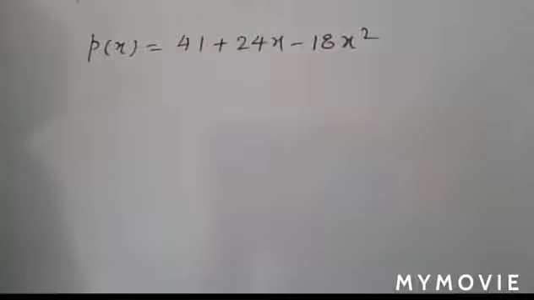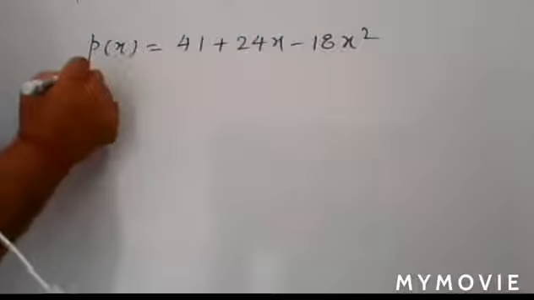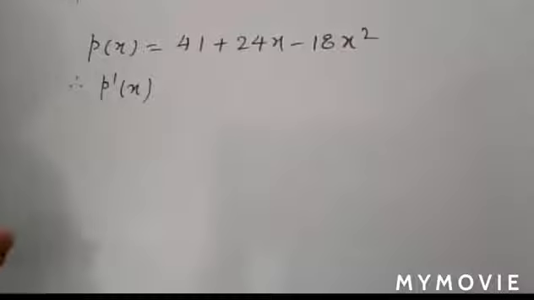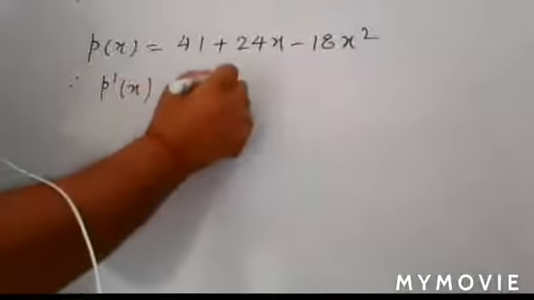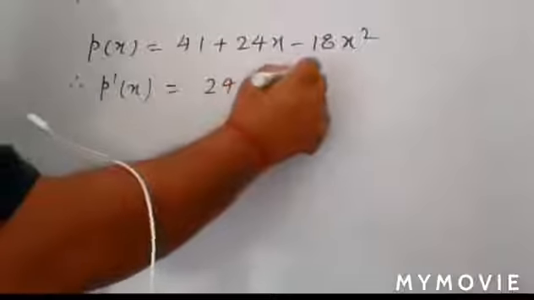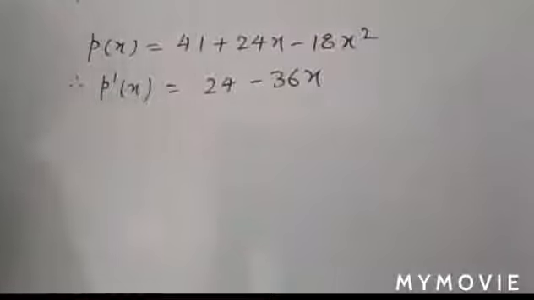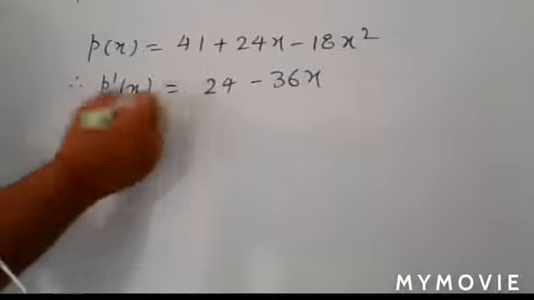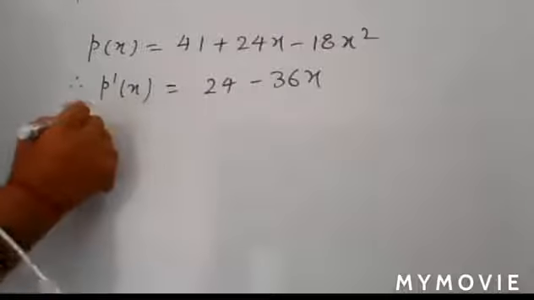Understand? So what you do, here you first differentiate. So first of all, you find the value of p dash x. So differentiate it. So here you have 24 minus 36x. Now you take it as 0.